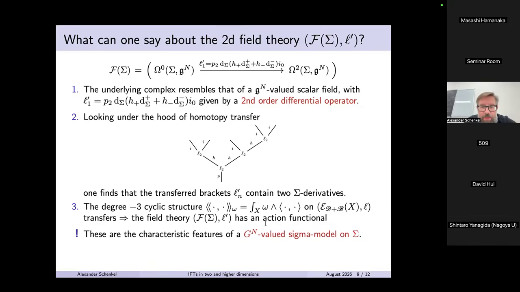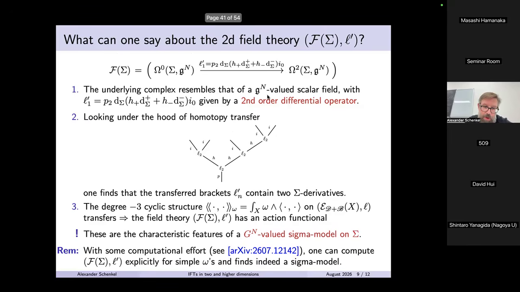Okay, so you see that these are exactly the features you want for a sigma model: a second order equation of motion, all the interactions also with two derivatives. There is an action functional, and there are no gauge symmetries because there's no zero component in this L-infinity algebra. So this looks clearly like a sigma model.